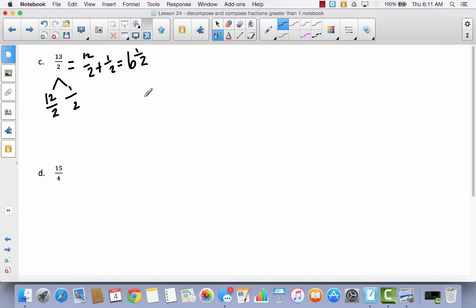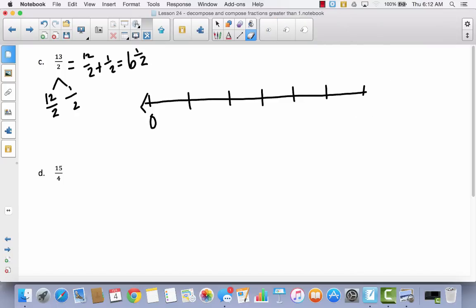All right, so let's go ahead and show this on a number line. I know I have to go all the way to at least 6 1/2, so I'm just going to go from 0 to 7. I'm going to divide this into whole numbers, so I've got 1, 2, 3, 4, 5. Didn't make it long enough. So let's go back and make this 1, 2, 3, 4, 5, 6, and then we'll make this 7. Now I just have to divide these into halves, so that's pretty easy.